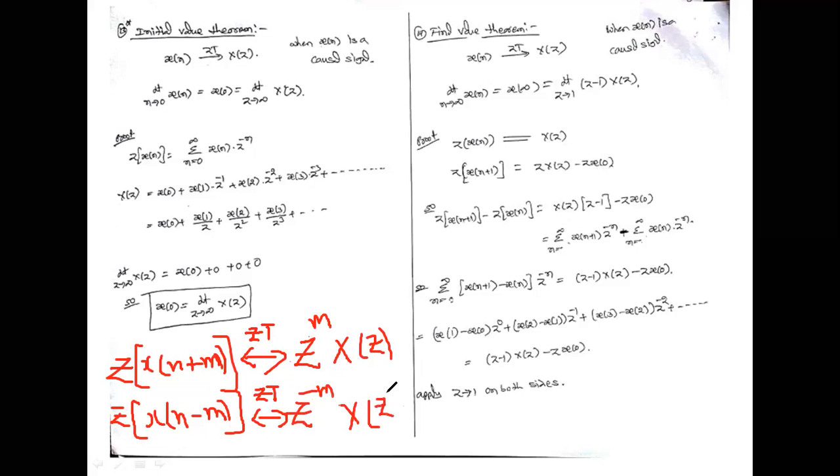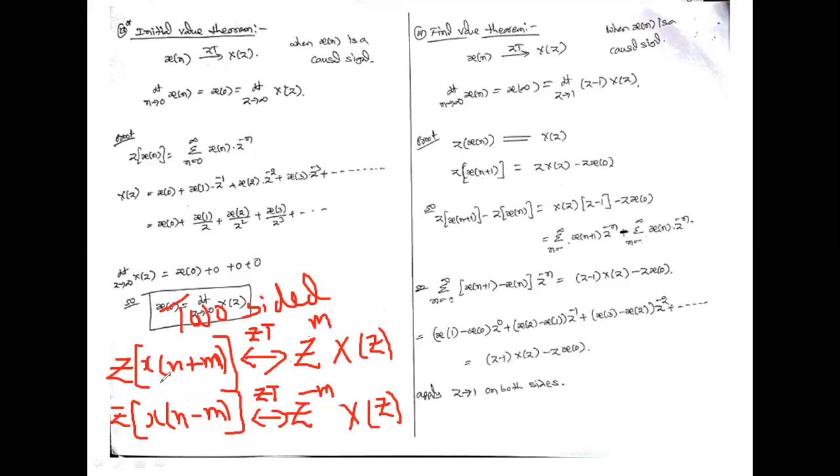So bilateral is nothing but the two-sided function. Got it, my dear students? One-sided means one term is added to the z power m X(z) and z power minus m X(z).